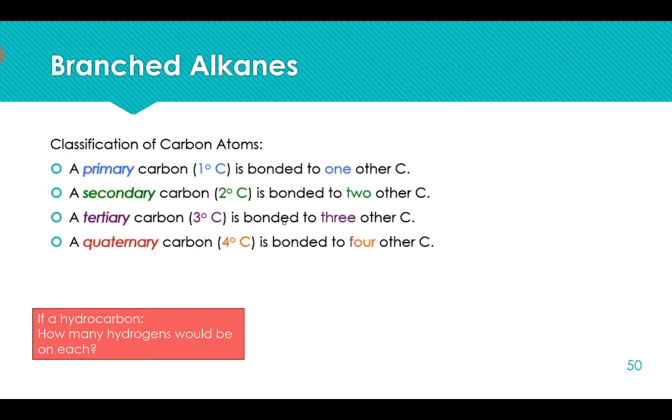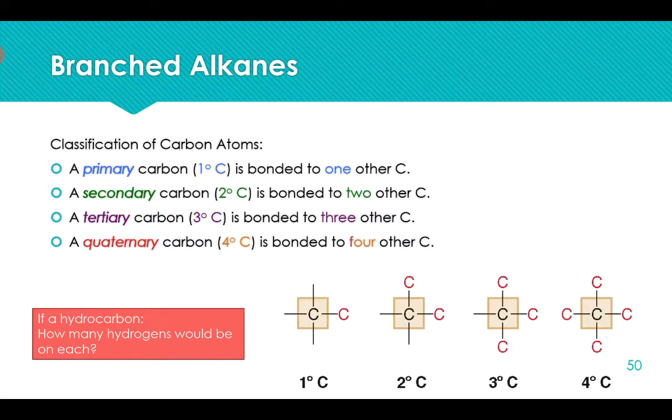In the earlier slide, I showed you that you can have branched alkanes. We can classify the carbons to indicate the degree of branching. So a primary carbon here is only bonded to one other carbon. If it's bonded to only one other carbon, then this would have 3 hydrogens on it.